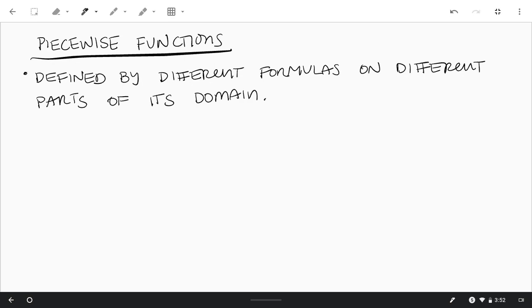So the graph consists of separate pieces.